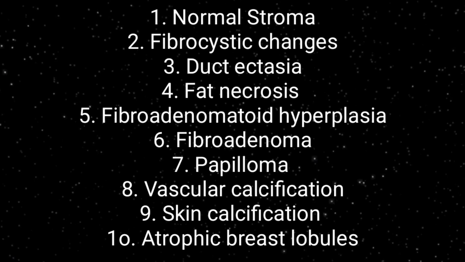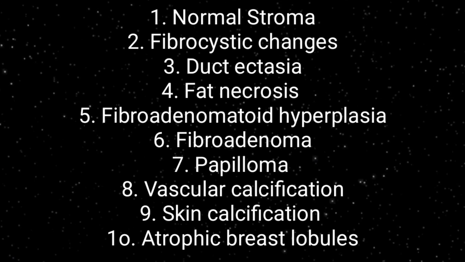Papillomas are benign tumors in which calcifications are likely. Vascular calcification may also be present on mammography. There may be skin calcification, so a calcified plaque of the skin can also be visible on the mammogram. And atrophic breast lobules may also lead to the formation of benign microcalcifications.